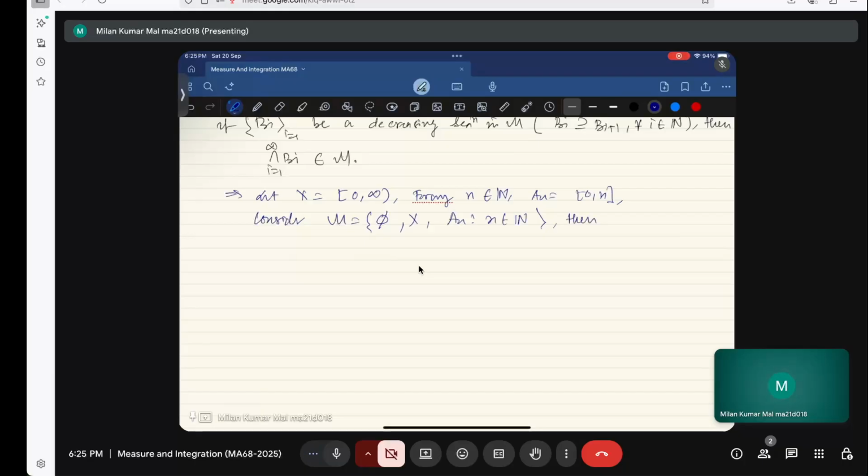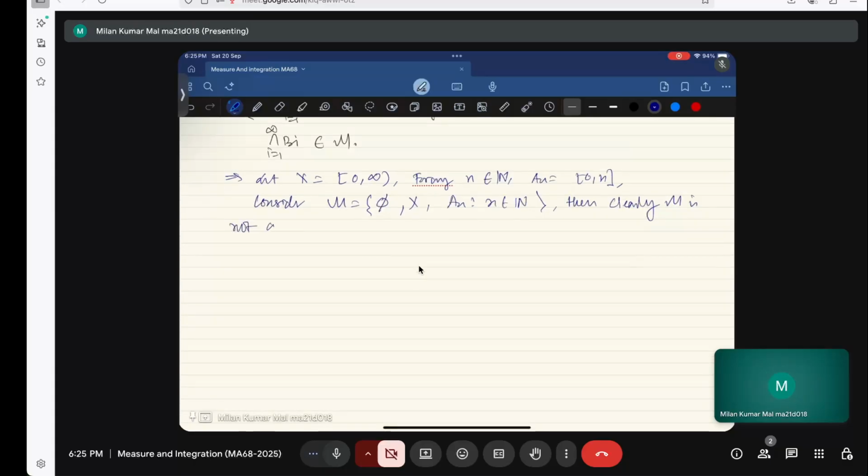Then clearly this M is not a sigma algebra, as the closed interval 0 to 1 is in M, but its complement, 1 to infinity, is not in M. If a set is a sigma algebra, then it must be closed under countable union and closed under complement.